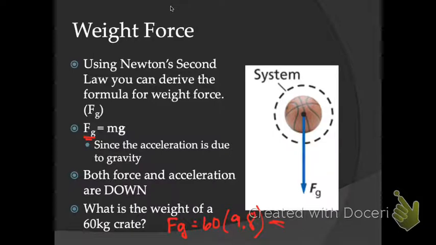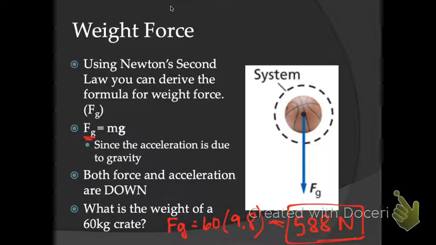Mass times 9.8 gives us weight. I'll take 60 times 9.8, and I get a weight of 588. What's my units for weight? Newtons. Good.